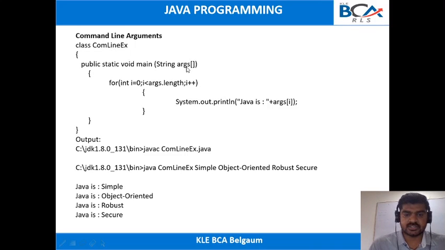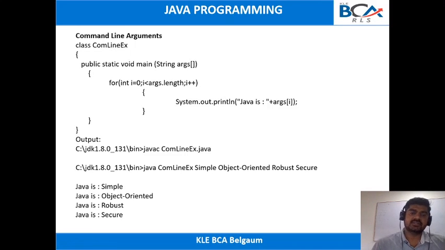So you can consider args of 0 is simple, args of 1 is object oriented, args of 2 is robust, args of 3 is secure. Using this for loop you can display the values. Once you click enter, you'll get the output: Java is simple, Java is object oriented, Java is robust, Java is secure.